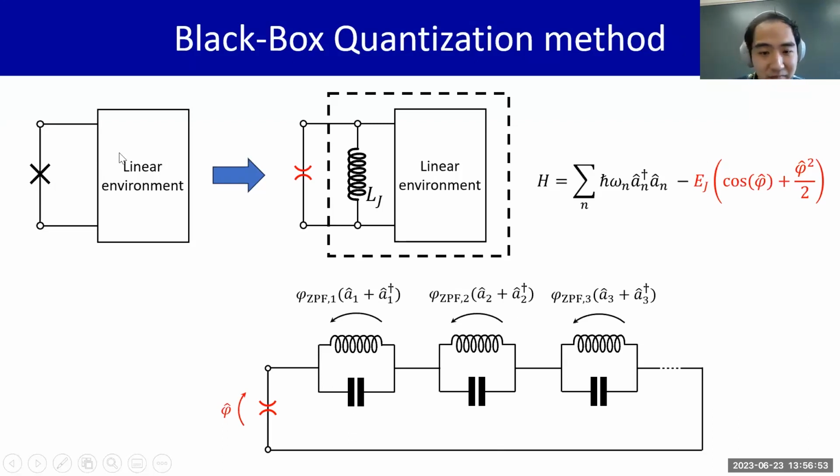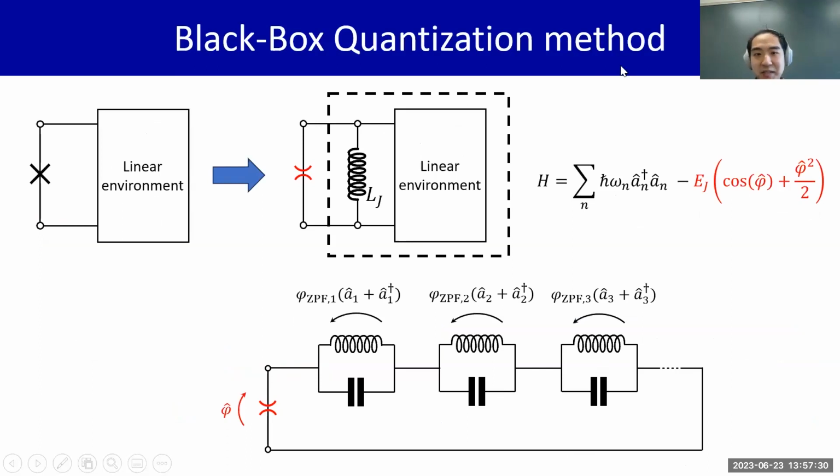But in this case, we can actually evaluate what this phi that appears in the cosine potential is. When you do the Foster circuit decomposition, you'll find that due to current conservation, or Kirchhoff's law, this phi that the junction sees, this phi that goes into the nonlinear potential, is essentially just the sum of the phi of all the eigenmodes, all the LCs.